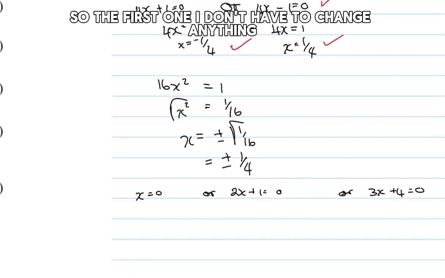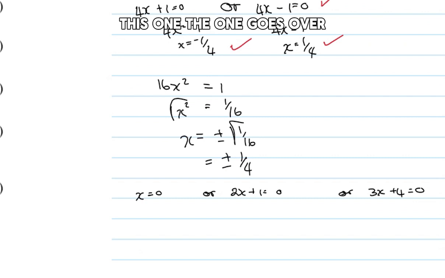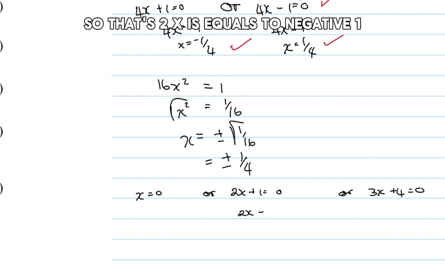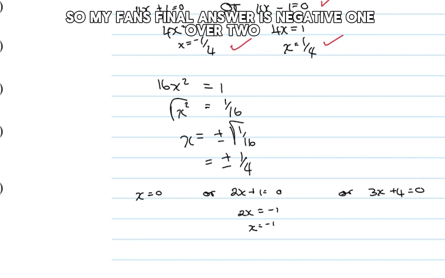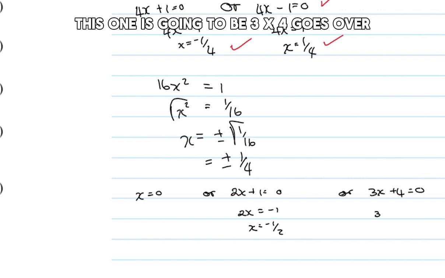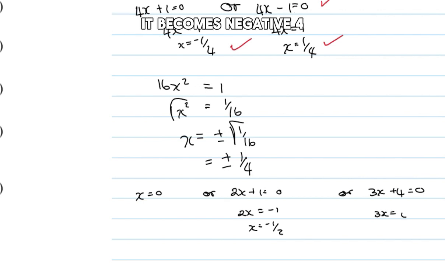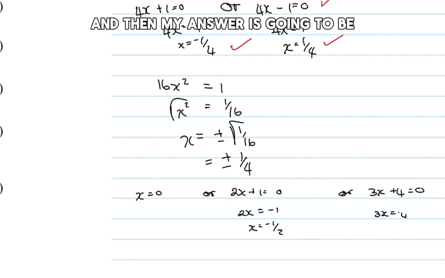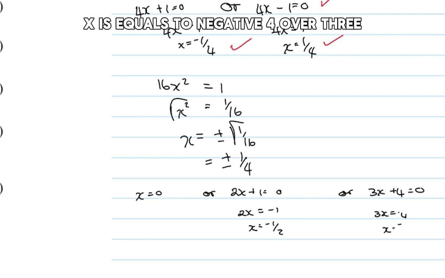So the first one I don't have to change anything. This one, the 1 goes over, so that's 2x is equal to negative 1. So my final answer is negative 1 over 2. This one is going to be 3x, 4 goes over, it becomes negative 4, and then my answer is going to be x is equal to negative 4 over 3.